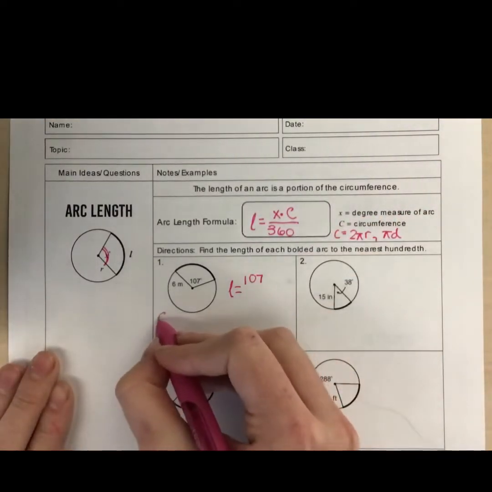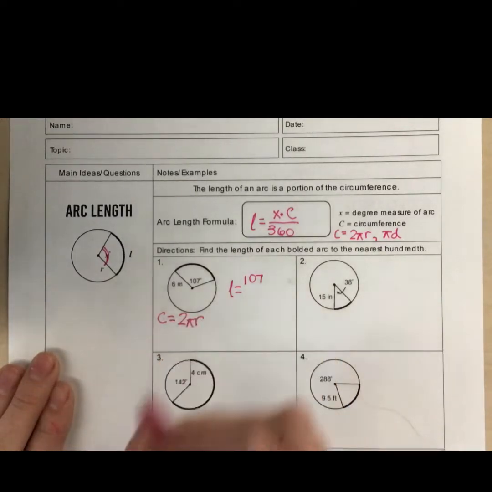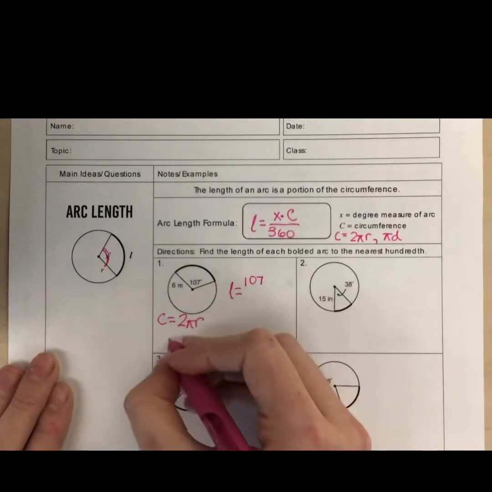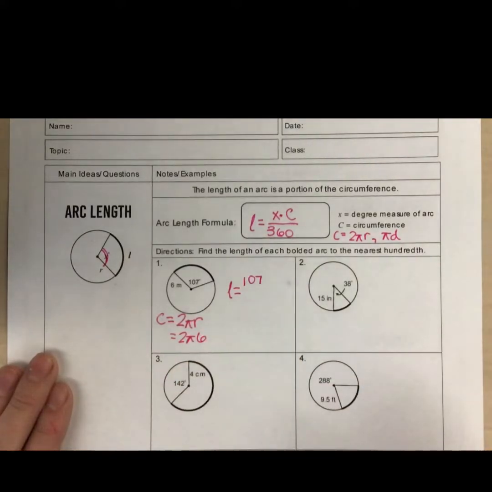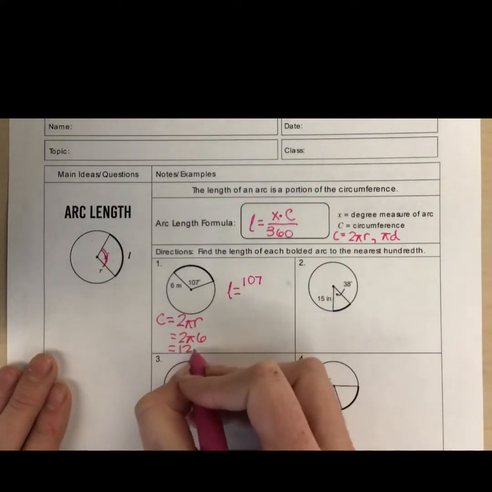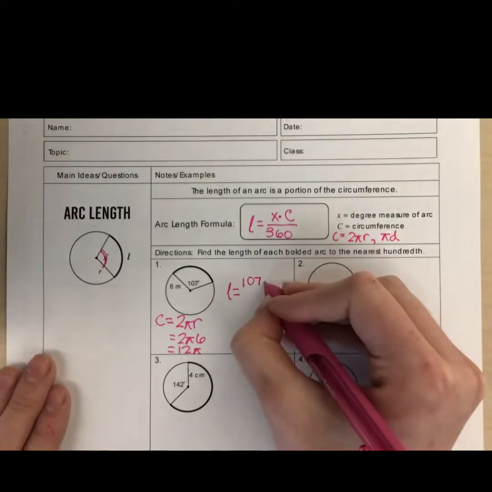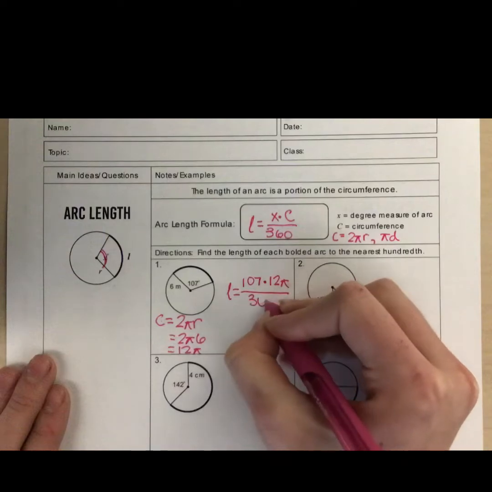Well, let's find the circumference real quick. C equals 2 pi r, and in this case, r is 6 meters. 2 pi 6, so really this is 12 pi. So I'll multiply 107 by 12 pi and divide it by 360.